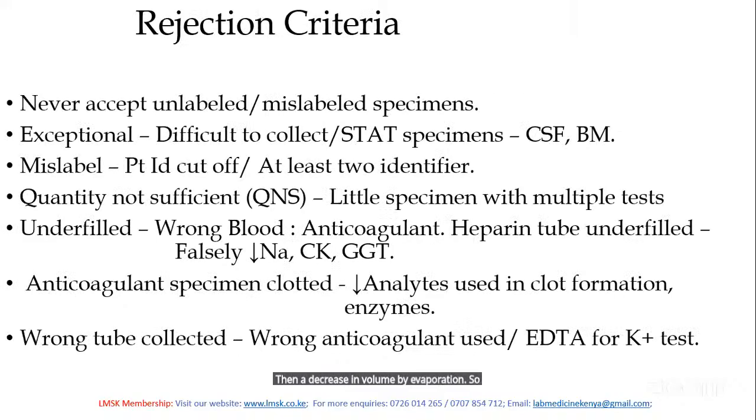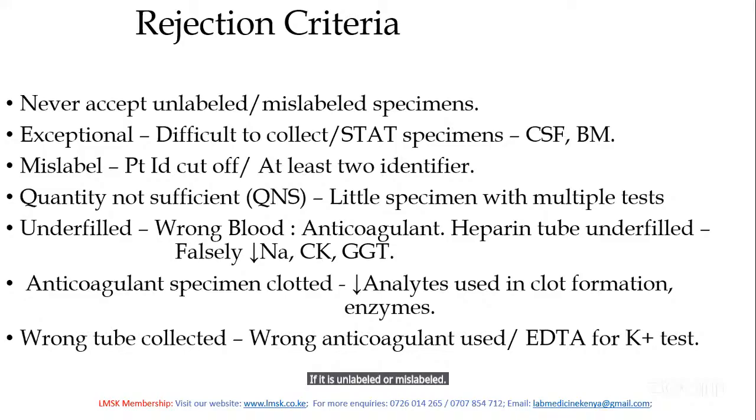So, rejection criteria. Never accept an unlabeled specimen. Never accept a mislabeled specimen. But there is an exception to that. The majority of specimens are never accepted if unlabeled or mislabeled.